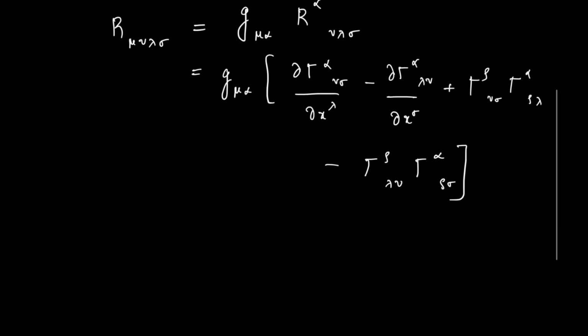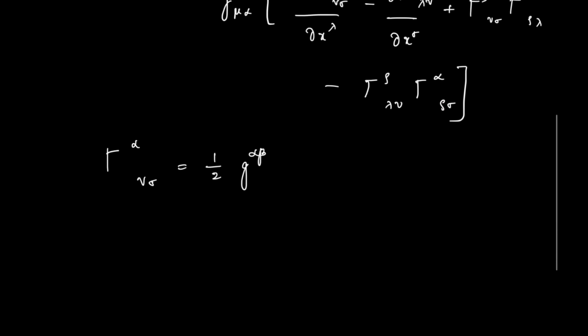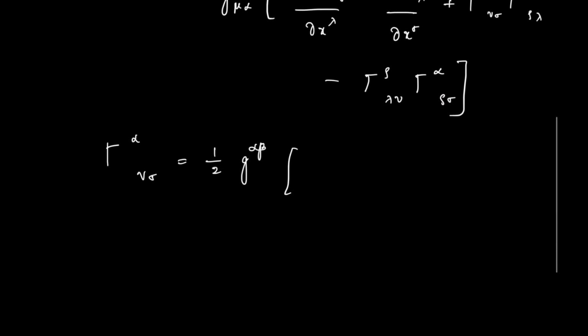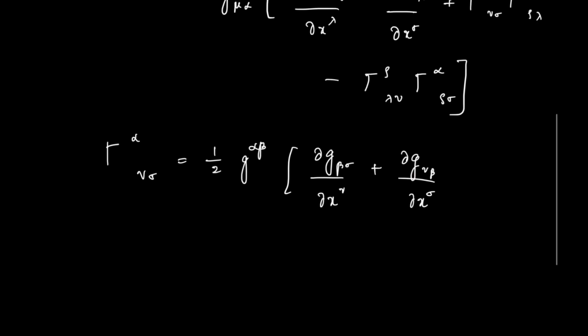Okay, so here we know that the Christoffel symbol is given by half g alpha beta, partial derivative of g beta sigma with respect to x nu plus partial derivative of g beta nu with respect to x sigma, minus partial derivative of g sigma nu with respect to x beta.